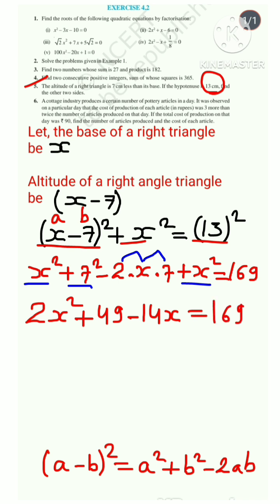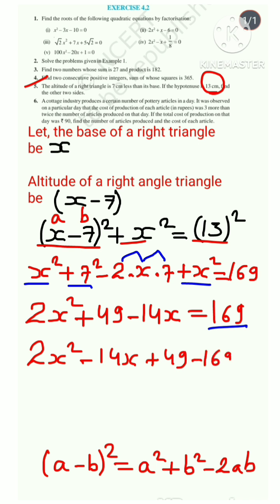equal to 169. Now let's arrange 2x square minus 14x plus 49, and this 169 comes to LHS and becomes minus 169 equal to 0.